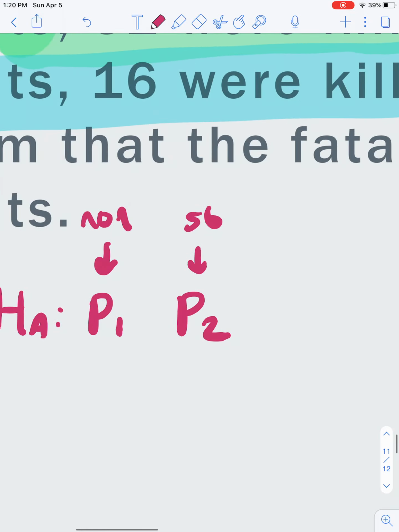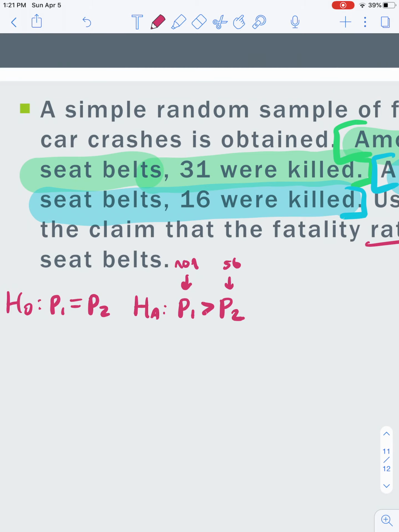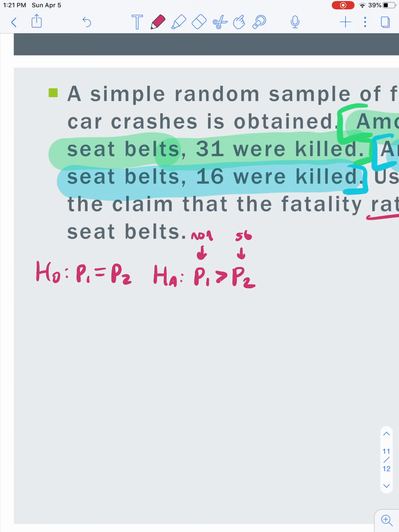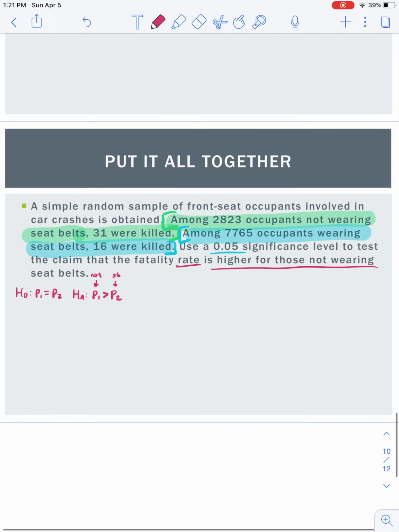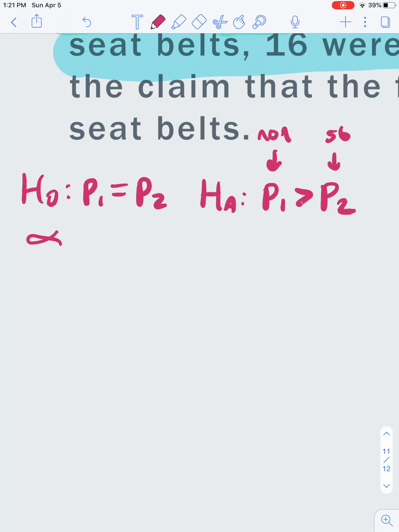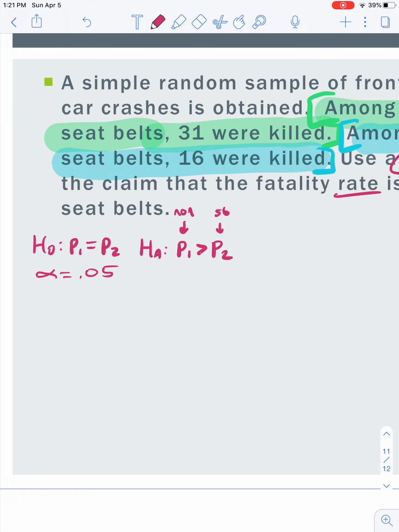So that's saying P1 is greater than P2, and that's going to be our alternative hypothesis. Significance level was given to us as 0.05, so alpha equals 0.05. And we are ready to start getting our test statistic.